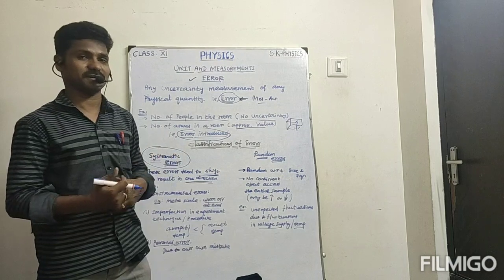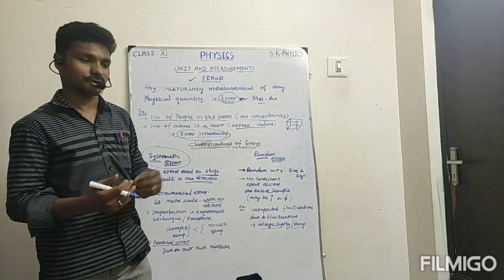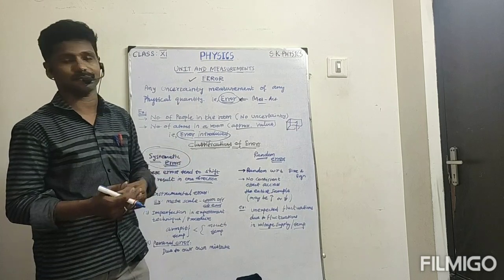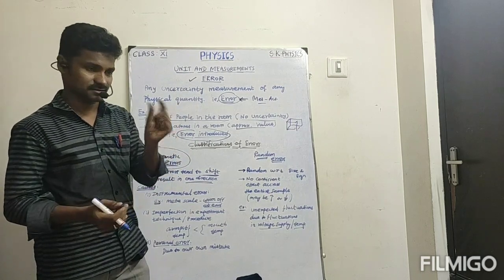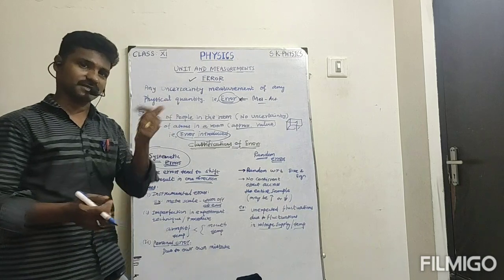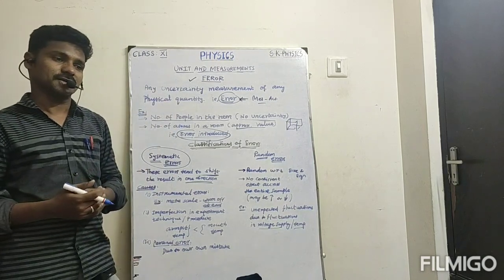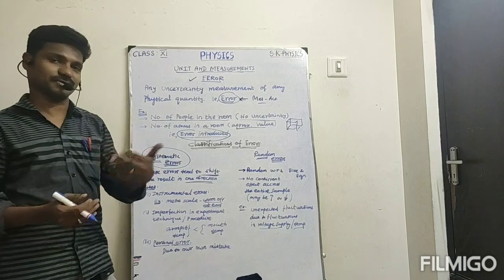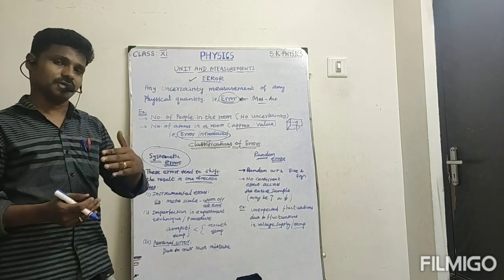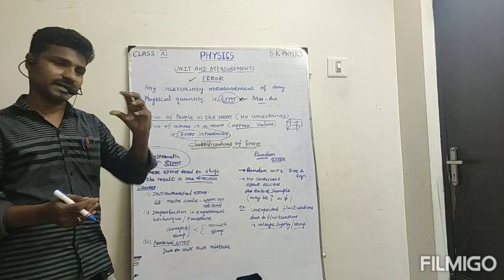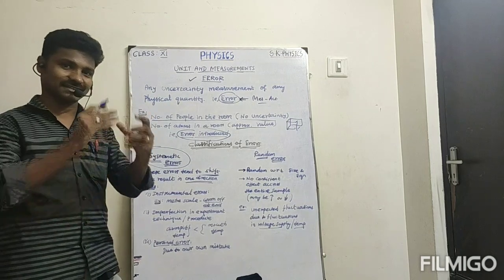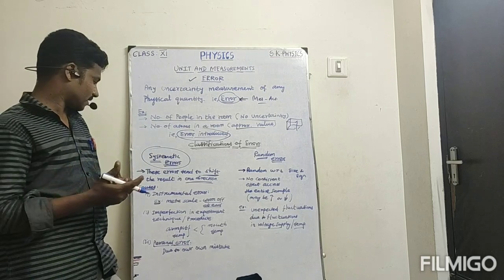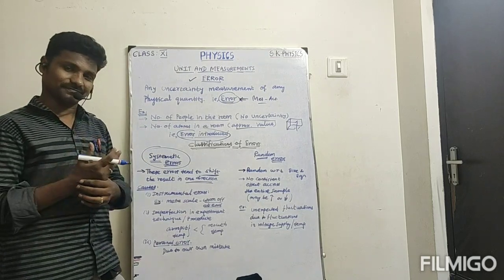With this kind of experiment you can measure the thickness of a thin strip, or the diameter of a spherical bar. For so many years we are using the same apparatus. Since different students handle that apparatus, maybe some errors are there. That is instrument error.